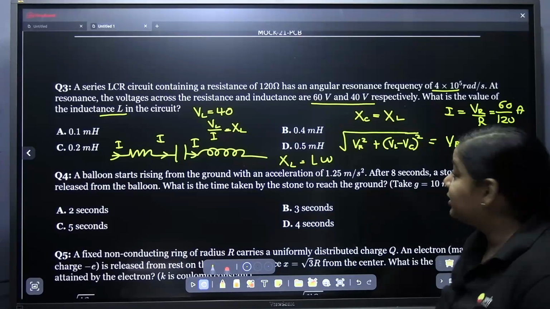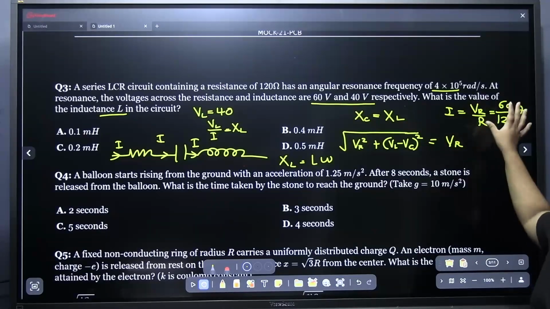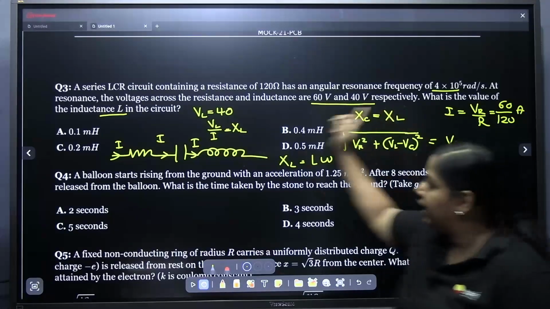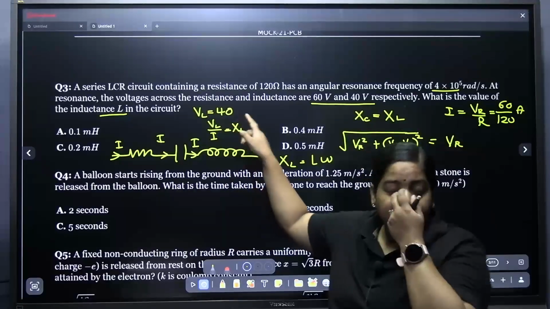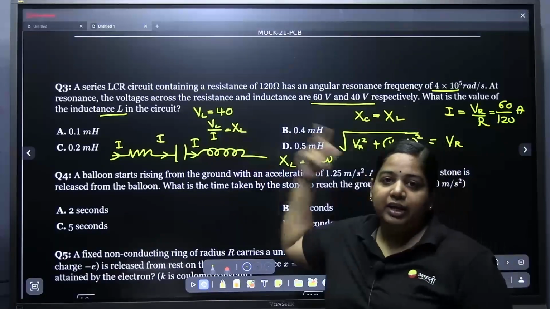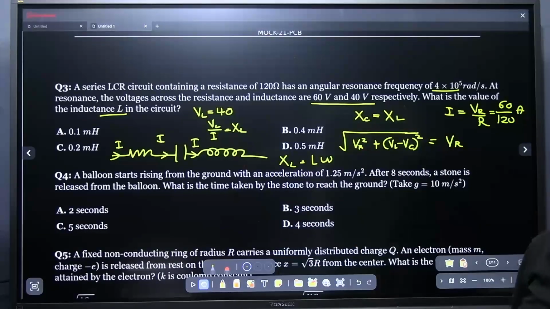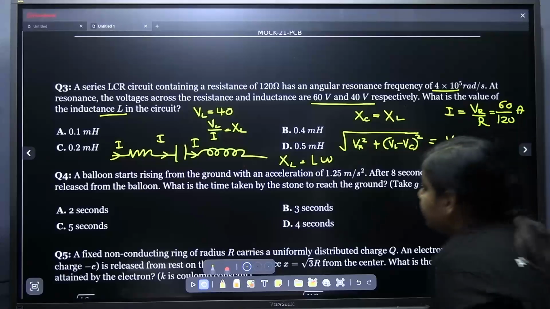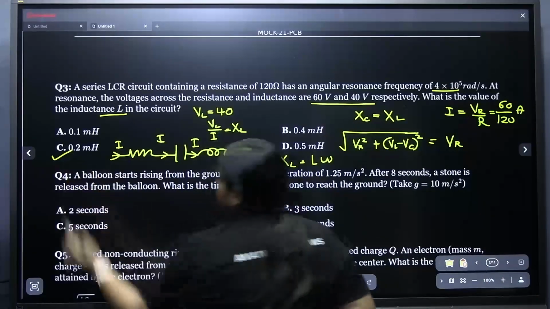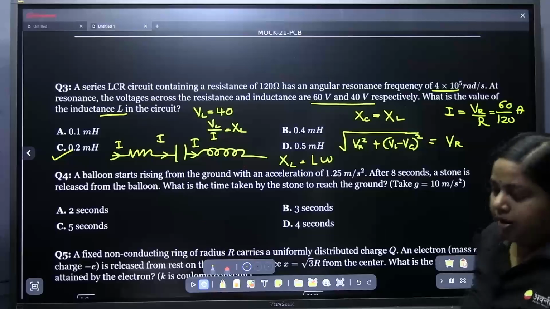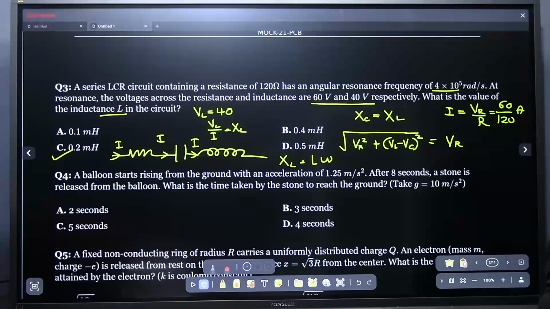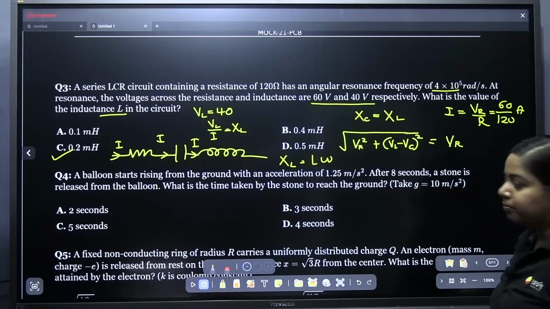So first we find current from the resistor, then we substitute that I in the potential across the inductor and find inductive reactance. Inductive reactance is equal to L omega. Substituting the value, we will get option C, 0.2 millihenry. Is it clear? Okay, good. Moving on.